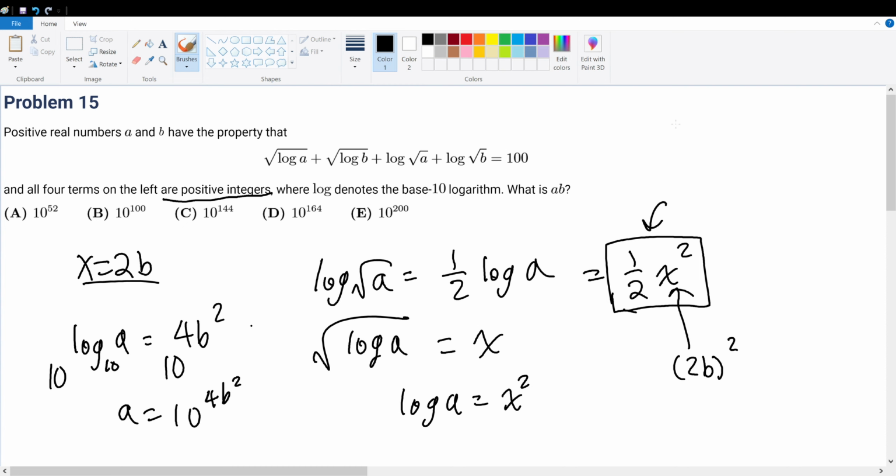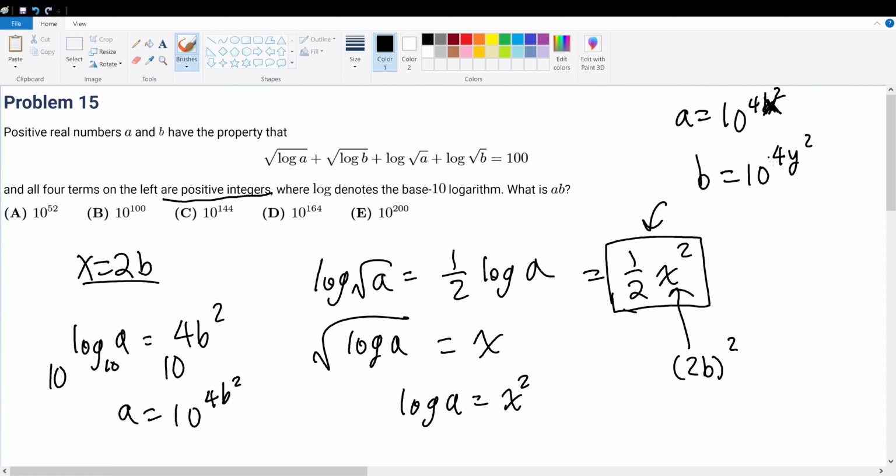So that means A is 10 to the 4b squared. And that goes the same for b. Or I should not use b. Let's call it x, right? So a is 10 to the 4x squared. B will be the same, 10 to the 4y squared.